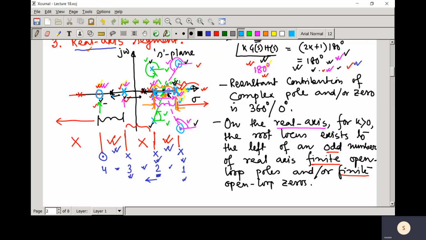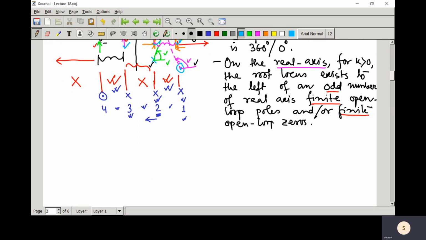But if you come here, you can see that this particular portion again belongs to the root locus, because if you are here, then you can see that on the right you have 3 number of poles, but if you are here, you can see that you have 4 number of poles and zeros. So in this particular example, this particular portion and this particular portion belong to the root locus. So this is very important. This rule 3 is very important.